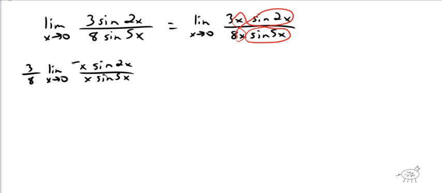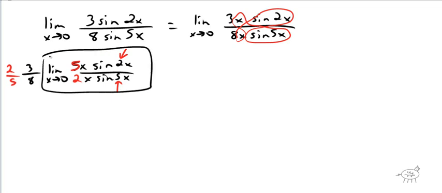Do you agree I need a 5 here? I need a 5 right here to balance out with this 5, and I put a 5 down here to cancel, so that cancels out to a 1. Then I need a 2 here, so I balance it out and put a 2 here. I really haven't changed the problem at all. If I multiplied it all back together again, I would get the original problem. So now this actually equals 1.